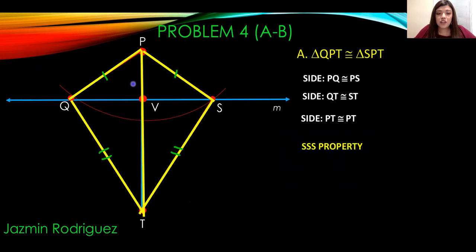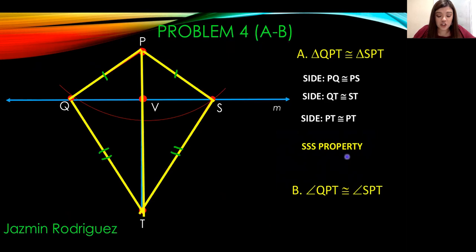All right, and so therefore, we have just proved that triangle QPT is congruent to triangle SPT. We have one side, two sides, three sides that are equal to our other three sides of our figure. All right, now for part B, it wants us to determine that angle QPT is congruent to angle SPT.